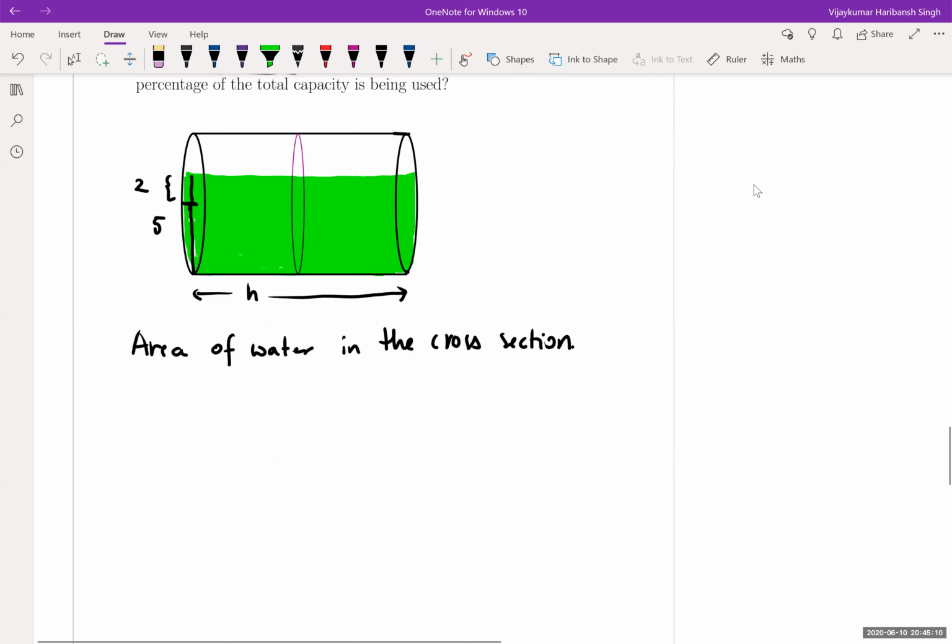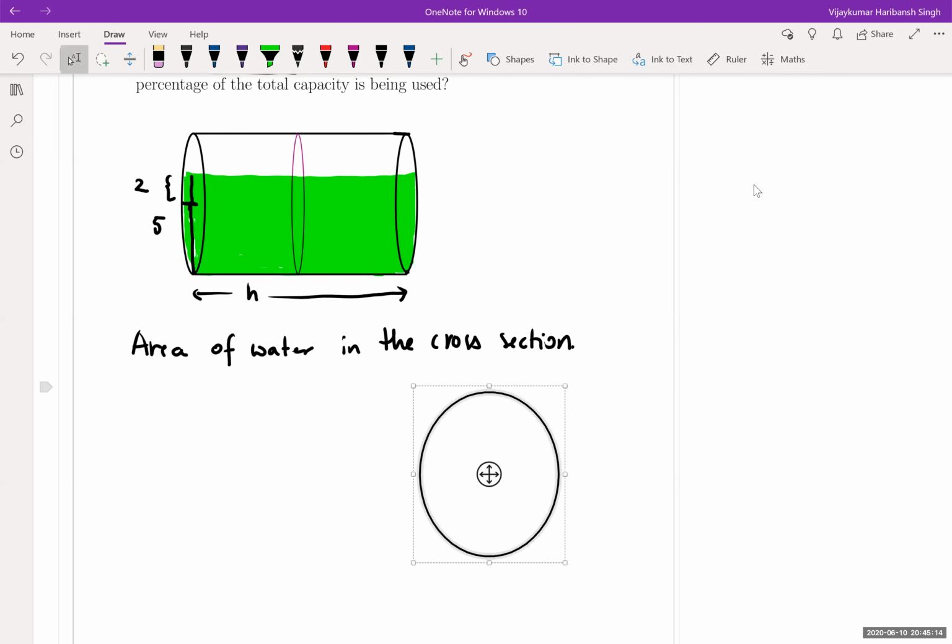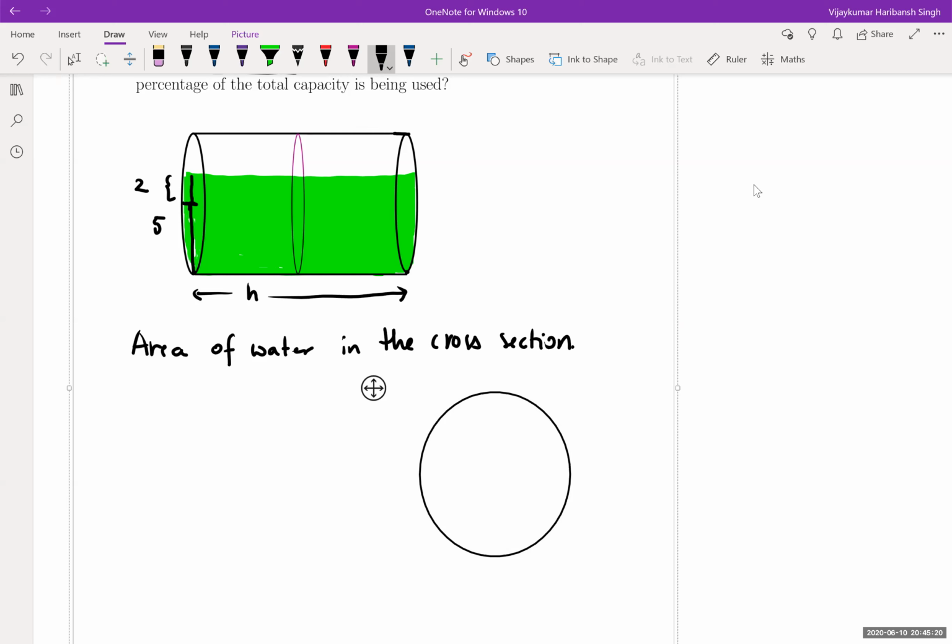This is how the cross section looks. This is the center, this is 5, and the water is filled, this is 2, and then the water is filled until here.